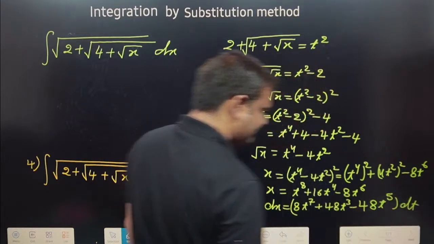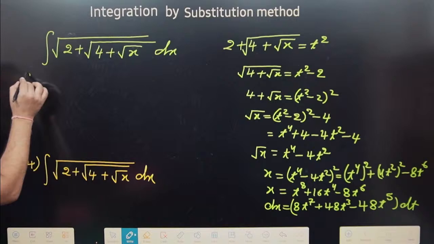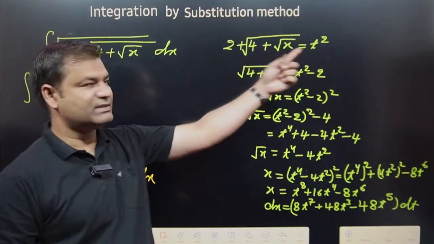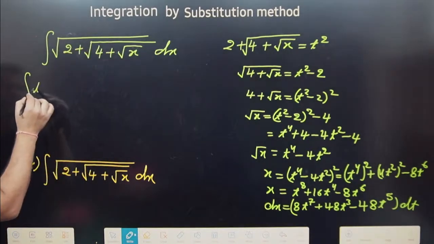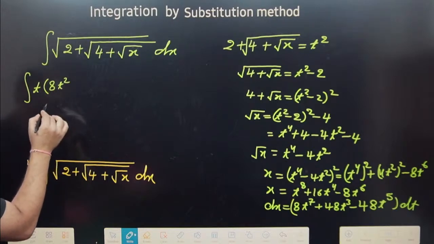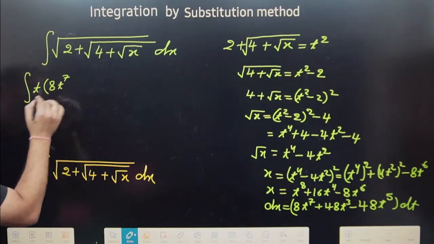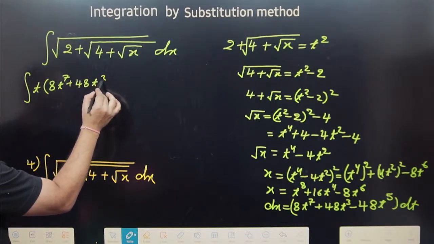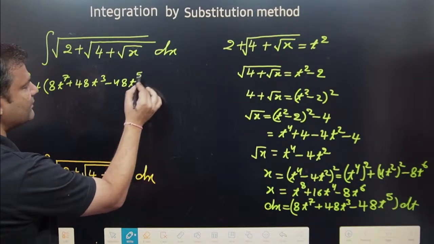So basically dx is replaced by that part. Simply this is t, written here as t square, so we get t. So t into 8 t to power 7 plus 64 t cube minus 48 t to power 5 dt.